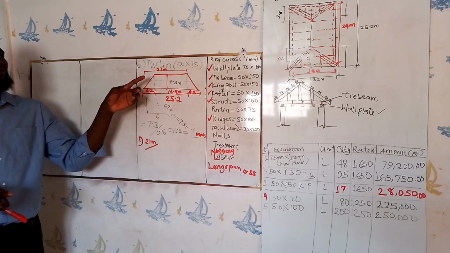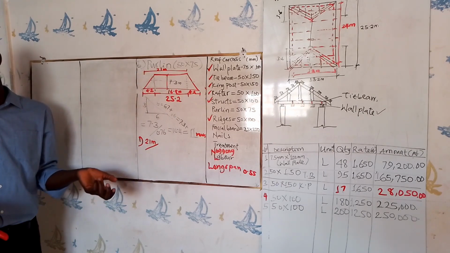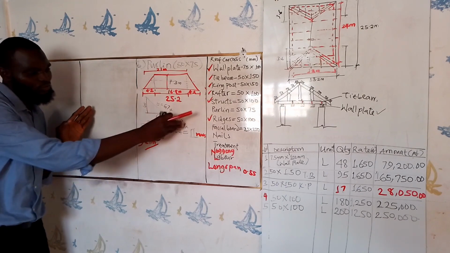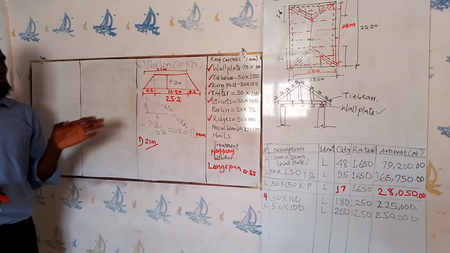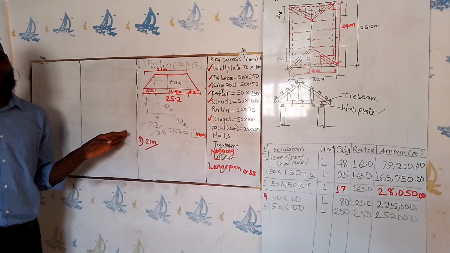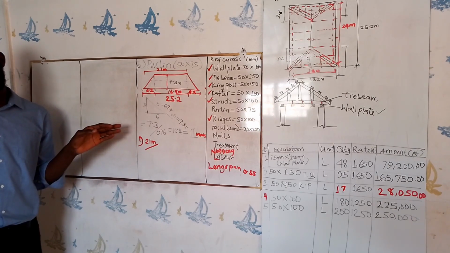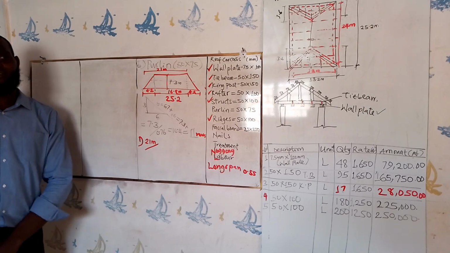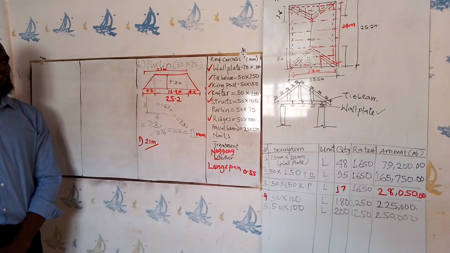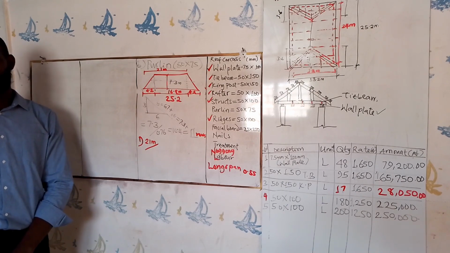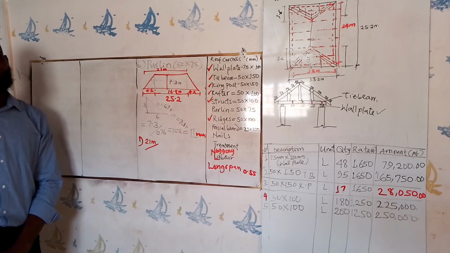Cannot use 3.2, and our length is not 3.6. So it means one length of wood will only cover 2.4 meters. So there will be off cuts of about 0.8 or 0.7 meters. There will be much off cuts in that case.